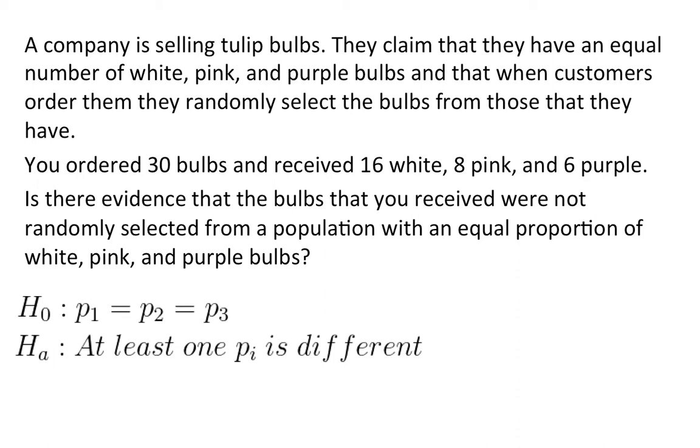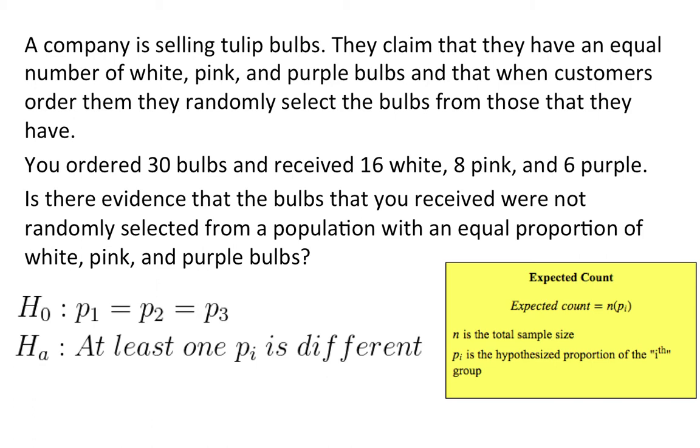An assumption of a chi-square goodness of fit test is that all of the expected values need to be at least 5. Expected counts are equal to n times p. In other words, the total sample size, 30, times the hypothesized proportion of each group.